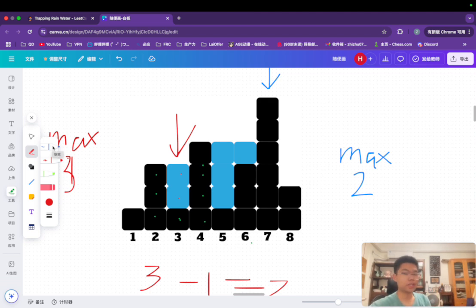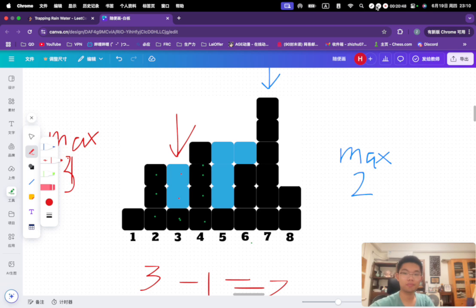So let's see that. Since now we are doing the operation on this element, it means that its own value is smaller than the right hand side. And the height of this element is actually decided by the largest value on its left hand side.